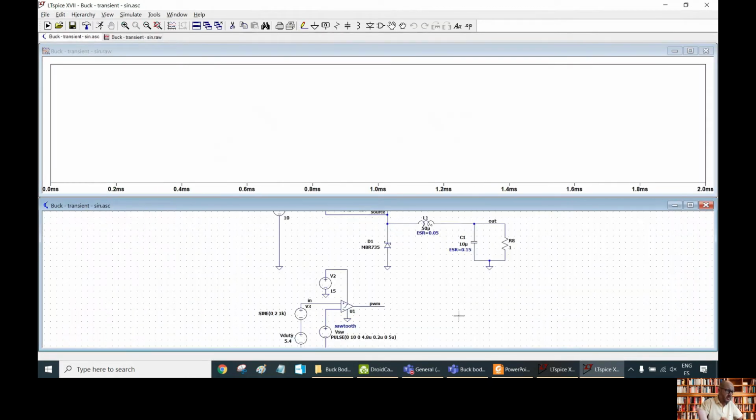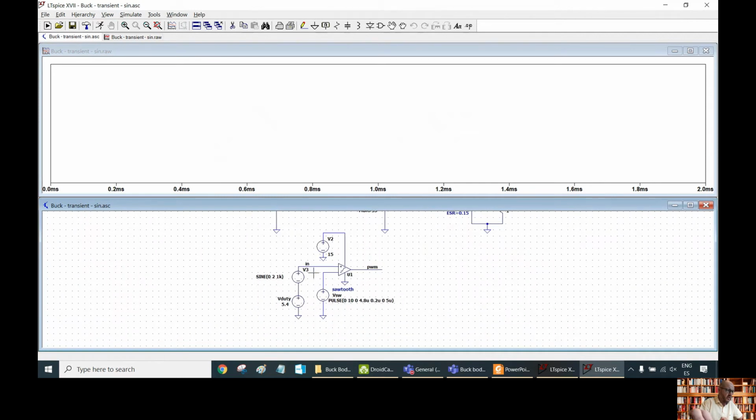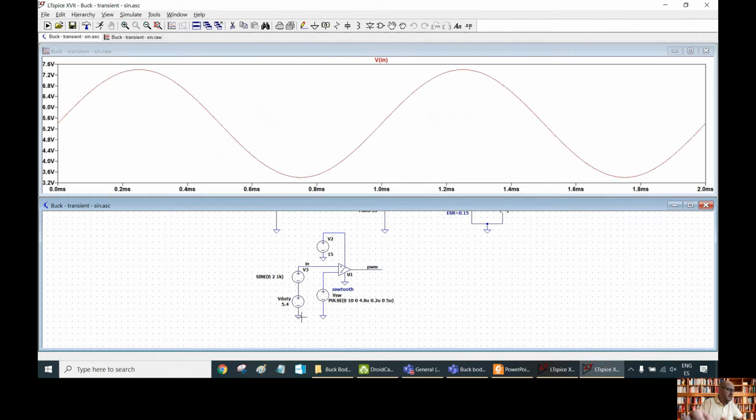So first we are going to see the modulation of the duty cycle. We can see here the waveform at the input. So we are injecting this 5.4 volts voltage, with a sinusoidal voltage superposed to it with an amplitude of 2 volts or 4 volts peak to peak.